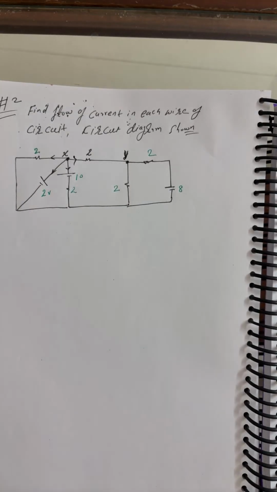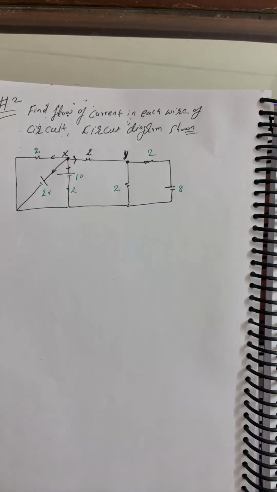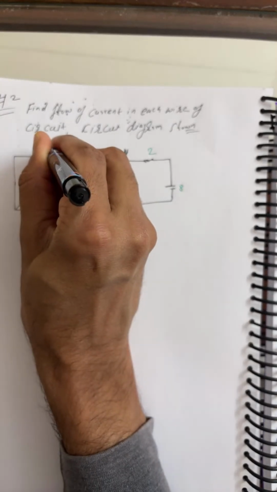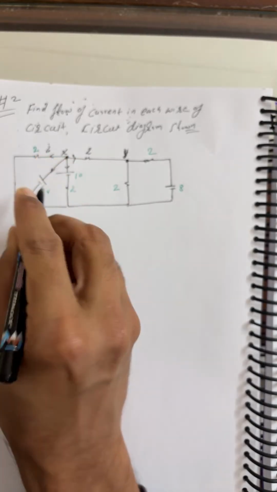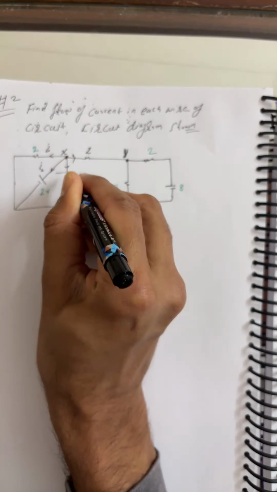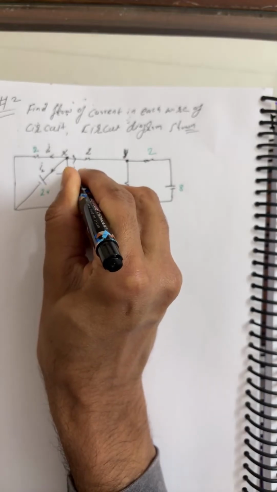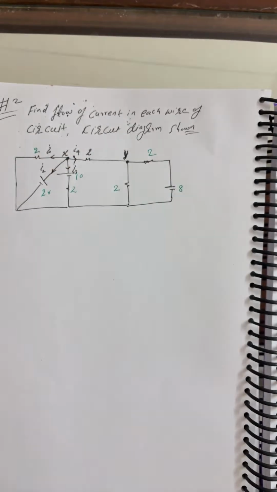This is I1, this path I'm considering I2, this path I3, and this path is I4.